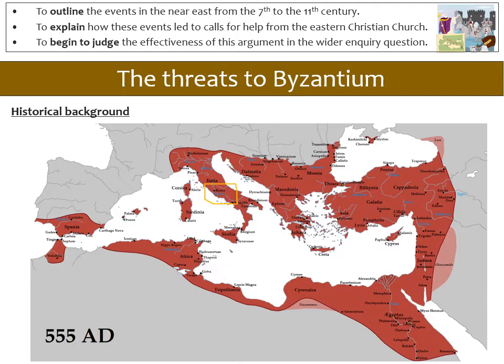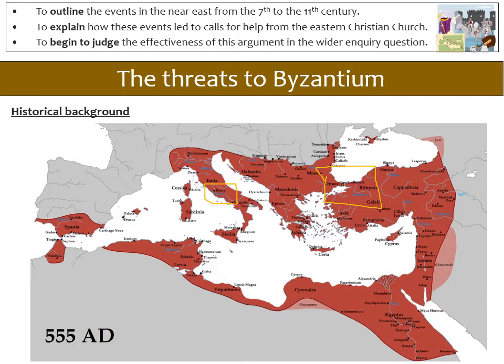It happens sporadically. But what happens is that the eastern half of the Roman Empire is preserved, and it's centered around a city called Constantinople, also known in present day as Istanbul. Now, for the purposes of what we're going to look at, we're going to call it by its third name. So the same place is called Constantinople, Istanbul.